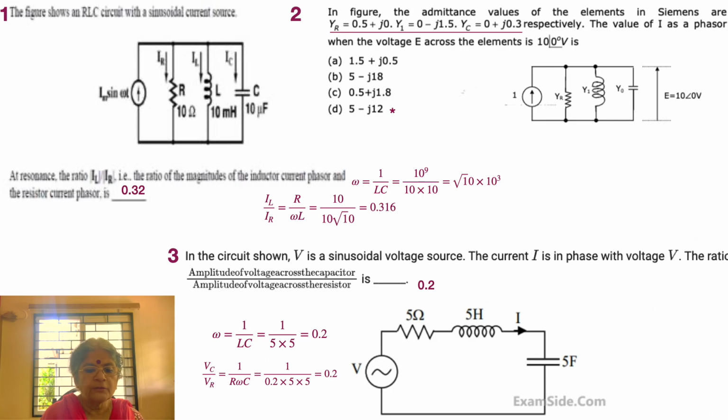So the question is that for the sinusoidal voltage source V, the current I is in phase. Immediately when current is in phase, as was mentioned for both the problems earlier, we are having resonance. Or in other words, the effective impedance is only the 5 ohm resistor.